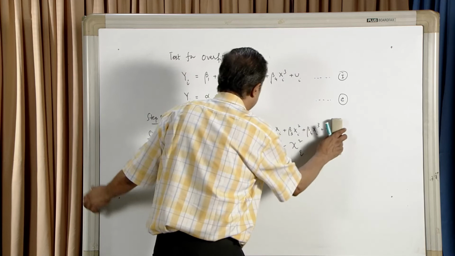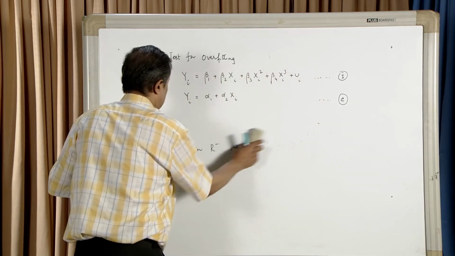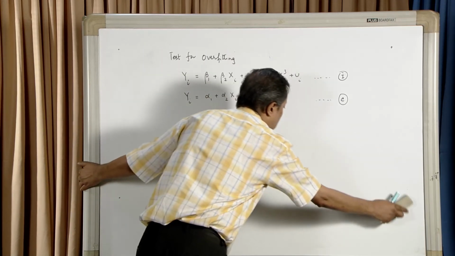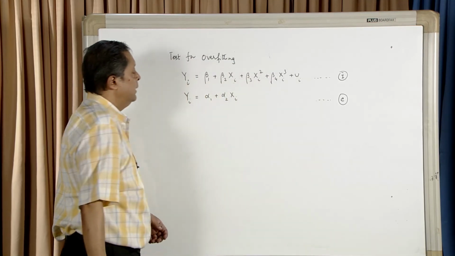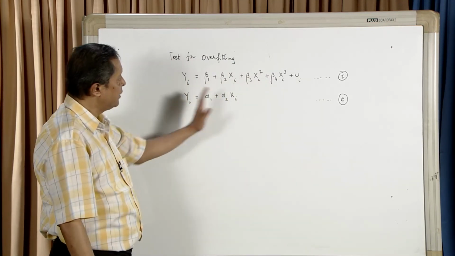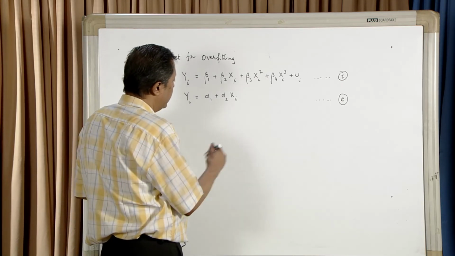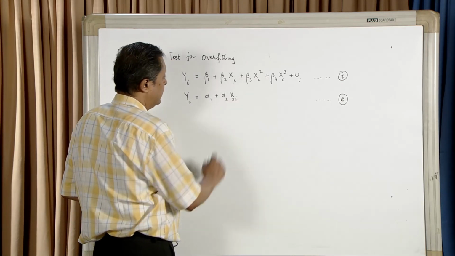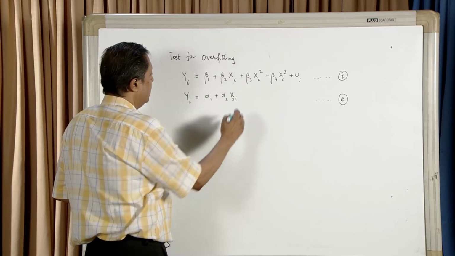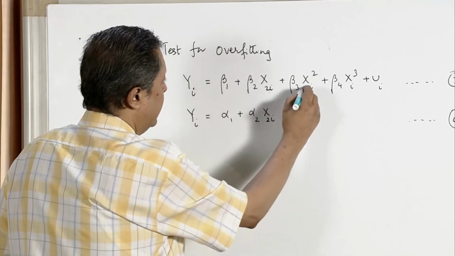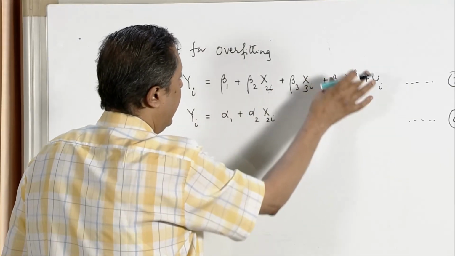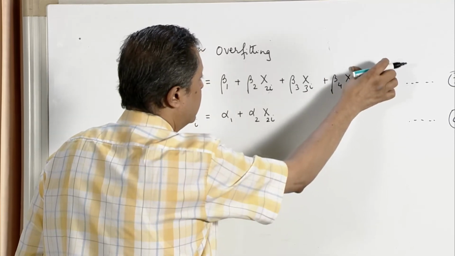So, how do we detect whether the model has been overfitted? If you recall, the general format of this will be: the correct model has only one variable, let us name it as x2i. The incorrect model has x2i, x3i and maybe x4i.